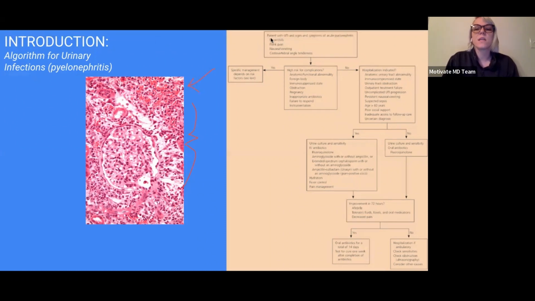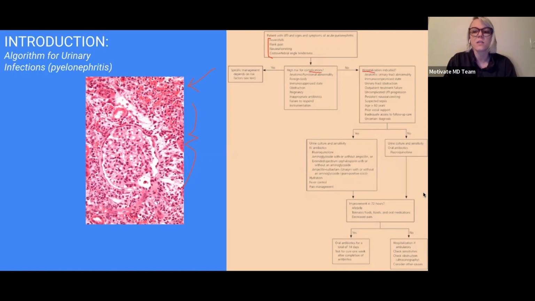Basically, we're seeing a patient coming in with fever, flank pain, nausea, vomiting, and CVA tenderness. When we hit the CVA, the costovertebral angle on the back around the area of the 12th rib, those people are pretty tender. What we're discerning from this diagram is, does this person need to be hospitalized?